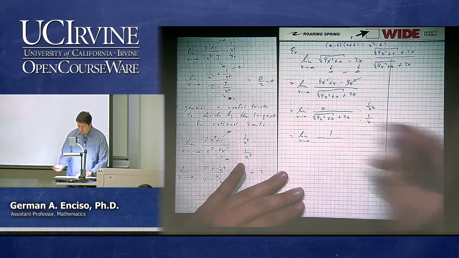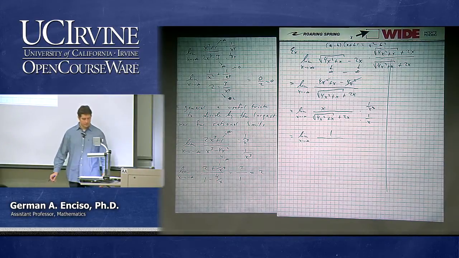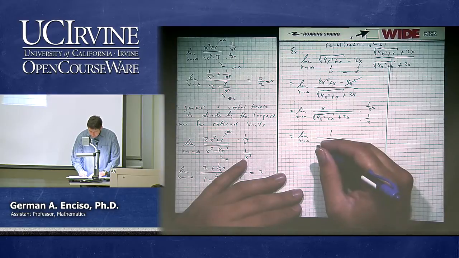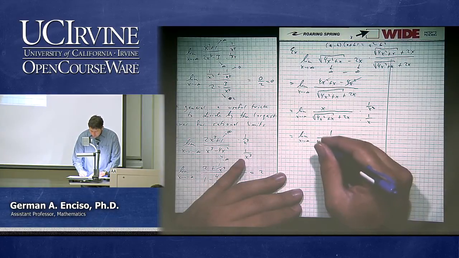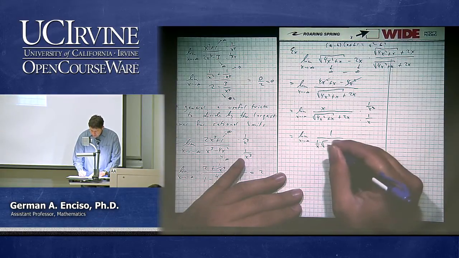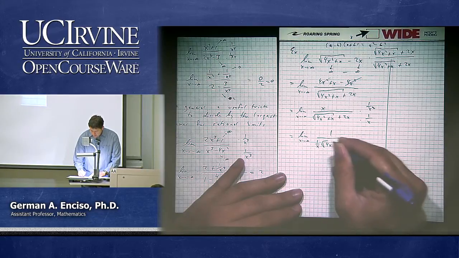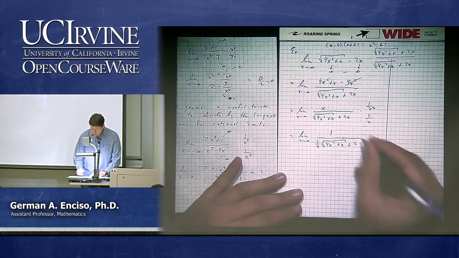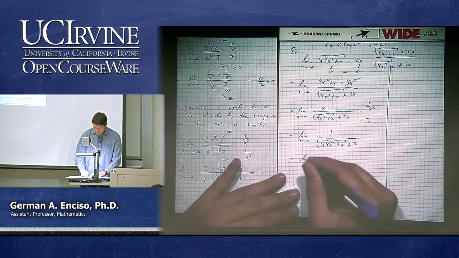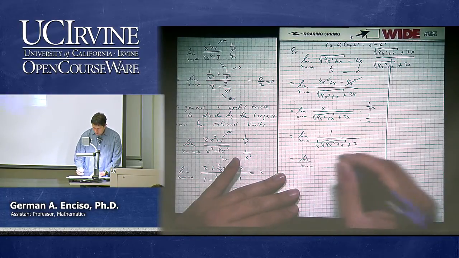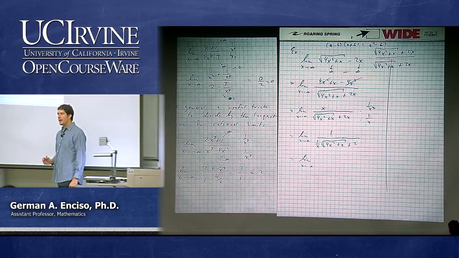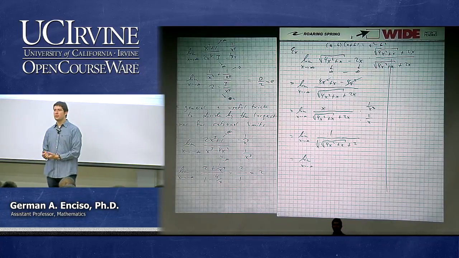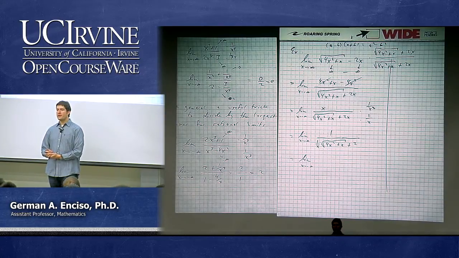On the top we get 1, right? Easy. What about the bottom? Well, the bottom is 1 over x times the square root of 4x squared plus x, plus 2. Now I can write that 1 over x as the square root of something so that I can bring it inside the square root. So 1 over x is the square root of what?